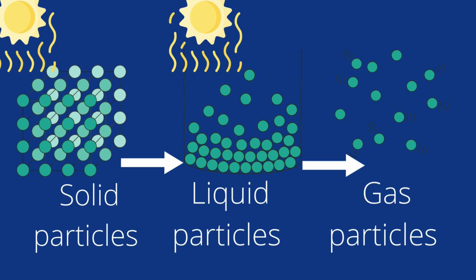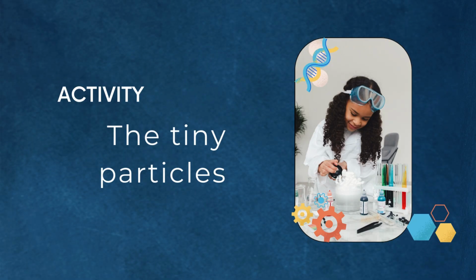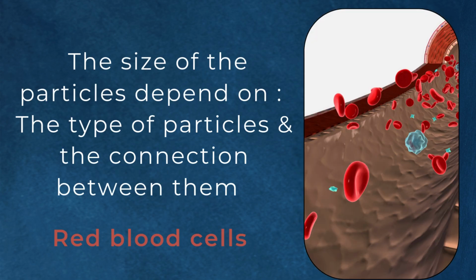Okay, here we will talk about the tiny particles in this activity. The size of particles depends on the type of particles. As we said, the particles of each matter are different from the other. The particles of iron are different from the gold and so on.